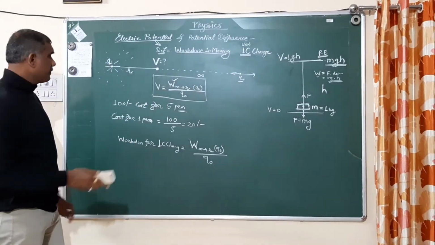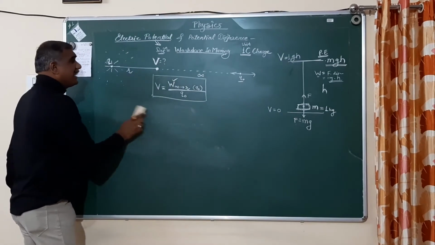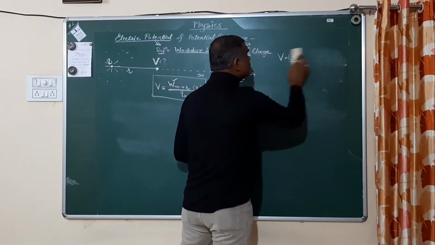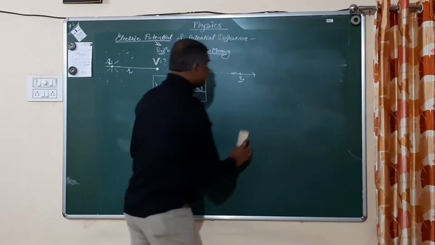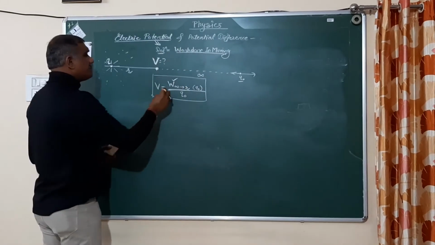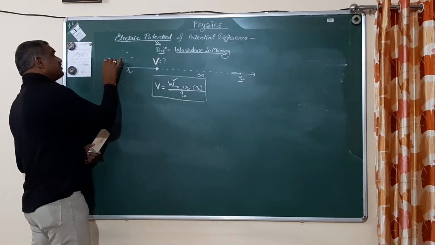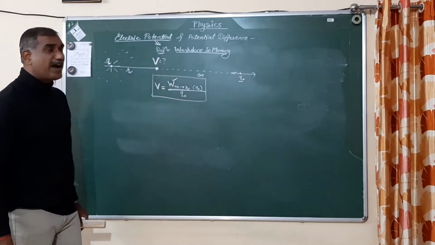Do you get this? But in the actual situation, our aim is to find out the electric potential due to this charge Q, and that is called the electric potential due to a point charge.